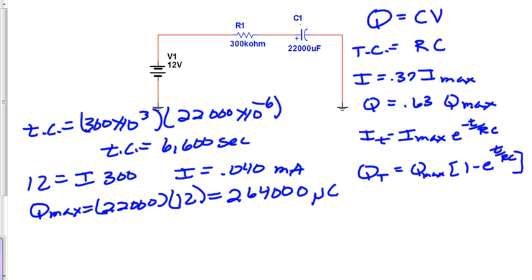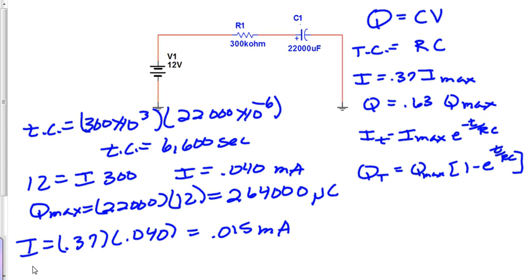Okay, now let's find the charge at one time constant and find the current at one time constant. So then the current at one time constant will just be 37% of the maximum current. So I'll say 0.37 multiplied by 0.040 milliamps. And that's going to equal 0.015 milliamps.